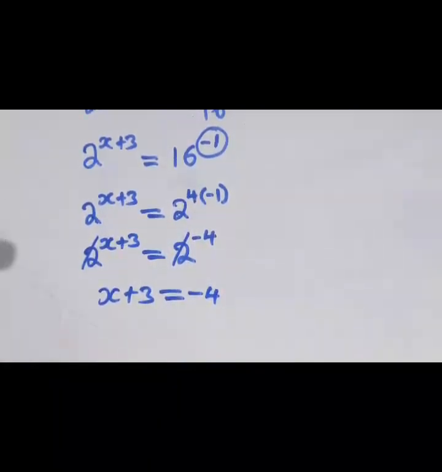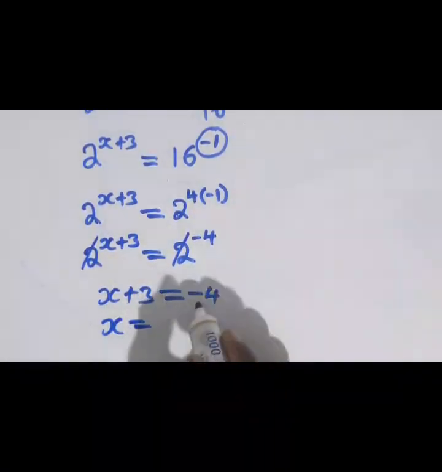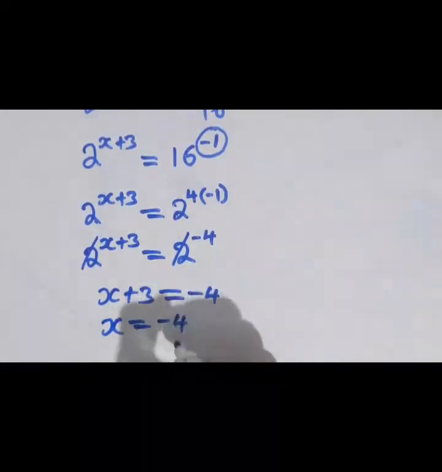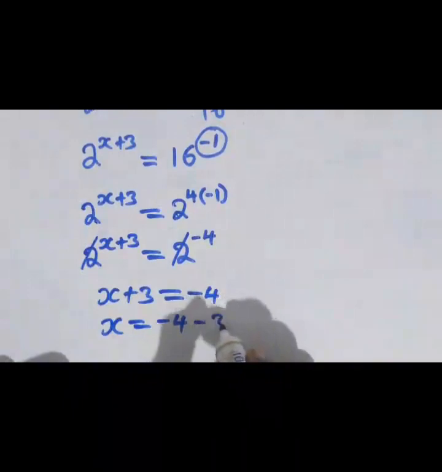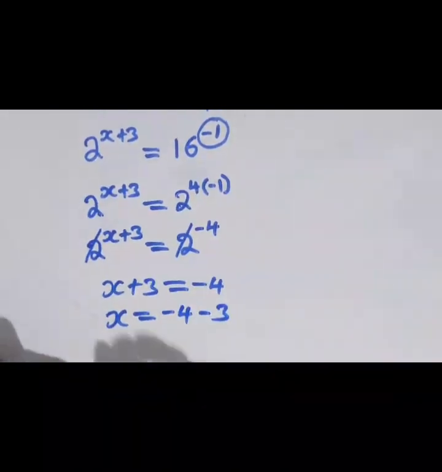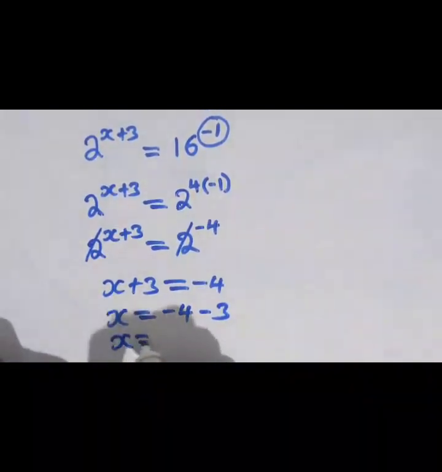Then you solve for x. So when finding the value of x, you are going to collect the like terms, thereby saying that it is going to be, this is negative 4, and the 3, when it comes this side, becomes negative 3. Then you can actually solve this.